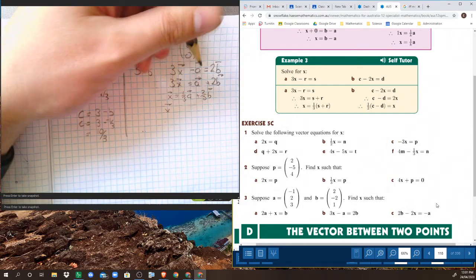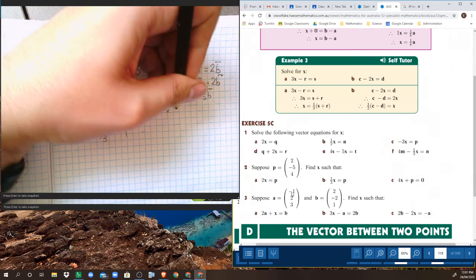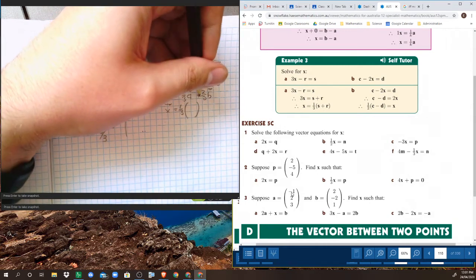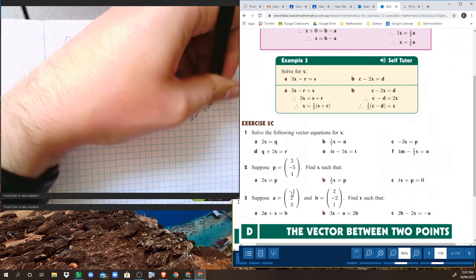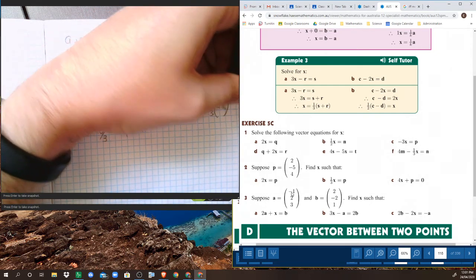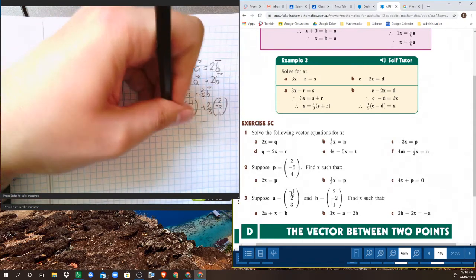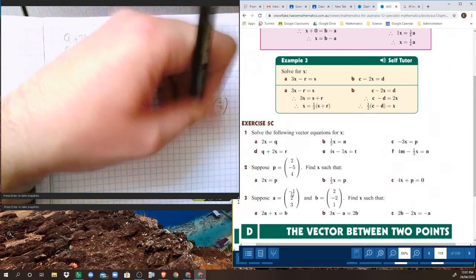Okay, let's now put it into context by putting in what those vectors are. So we've got 1/3 of (-1, 2, 3) plus 2/3 of (2, -2, 1). Equals, I'm just going to do the shorthand.